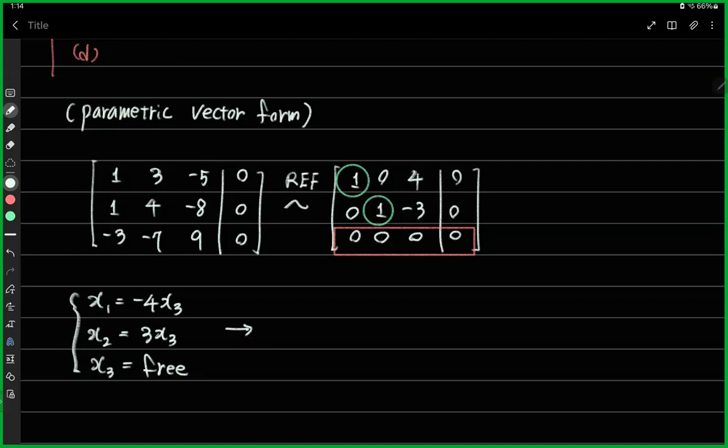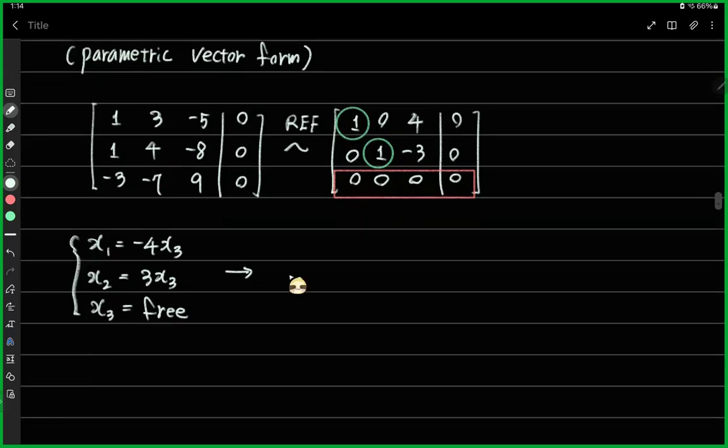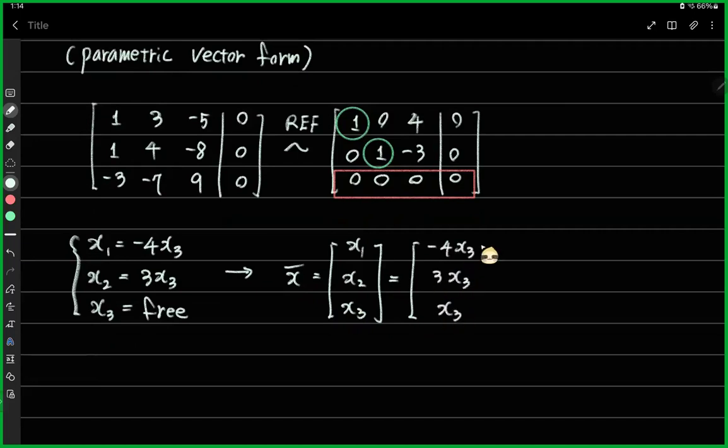So now rewrite this as a vector form. So the solution vector x is x1, x2, x3. I did this one before, but I just want to make sure that you are familiar with this. So -4 times x3, 3 times x3, and this is x3, which means we are trying to express the solution vector in terms of x3, which is the free variable.